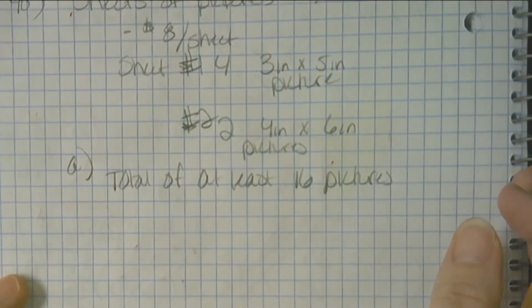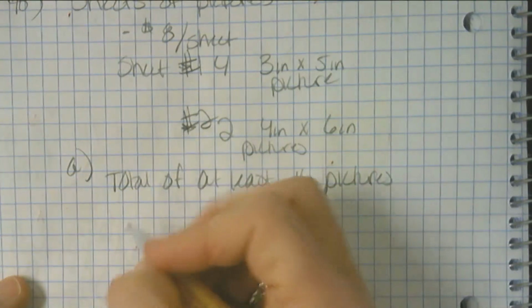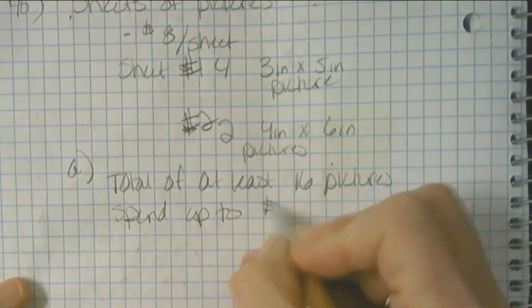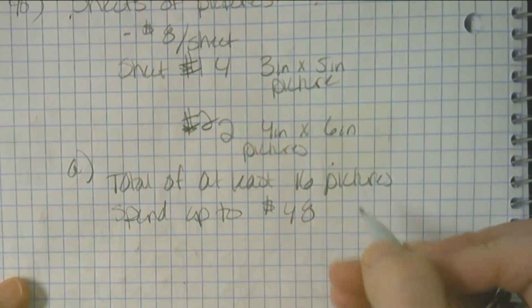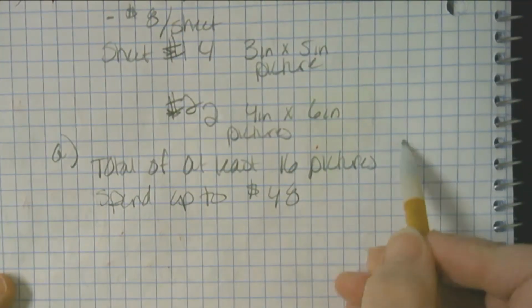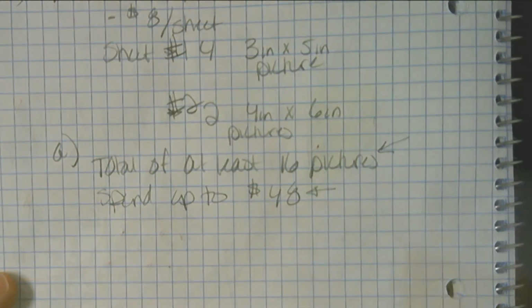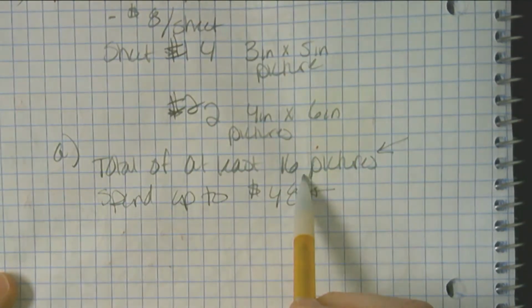All right, and it says you're willing to spend up to $48. Okay, so here's one of my totals. Here is my other total. All right, so at least 16 pictures.